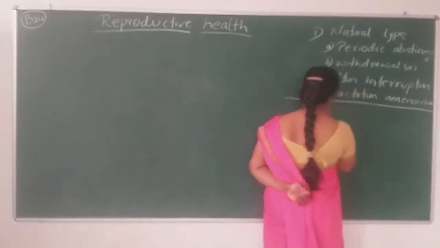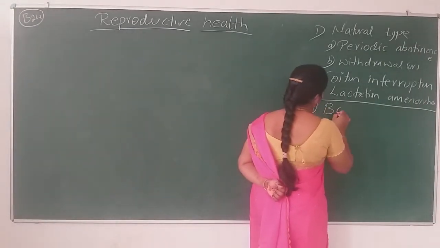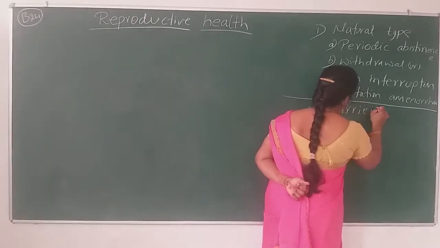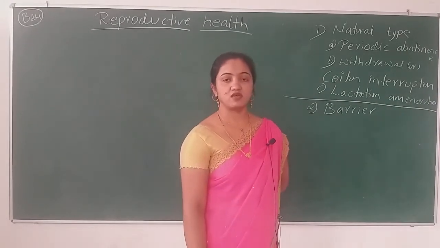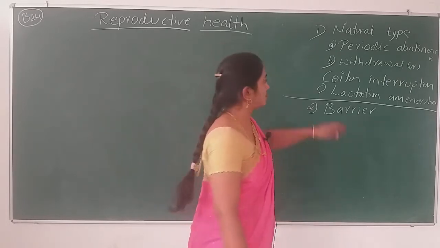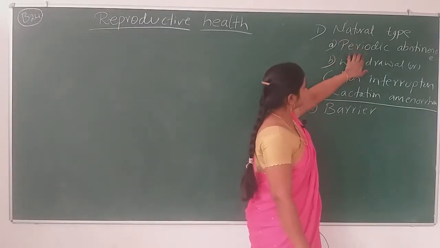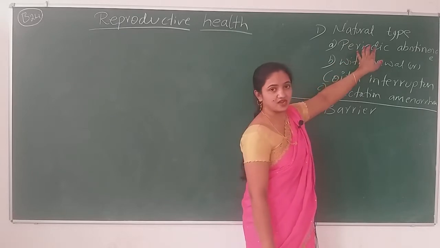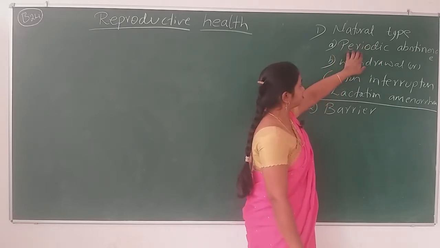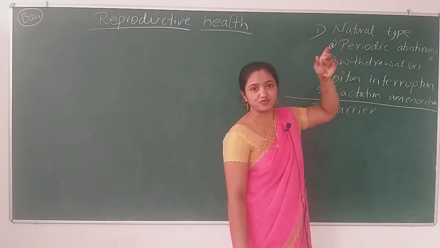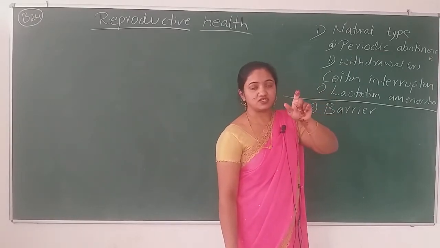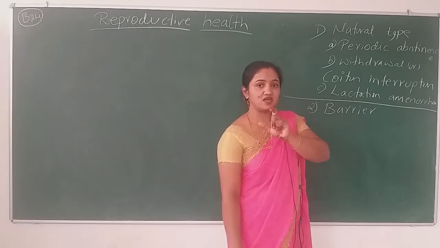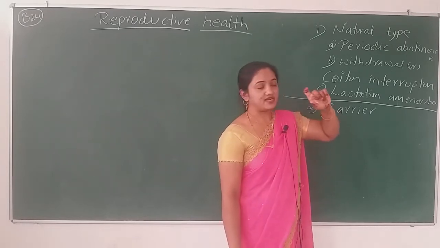The second type is barriers. In the natural type, the first method is for females. The female should check her ovulation day and consider that ovulation day is unsafe for intercourse.